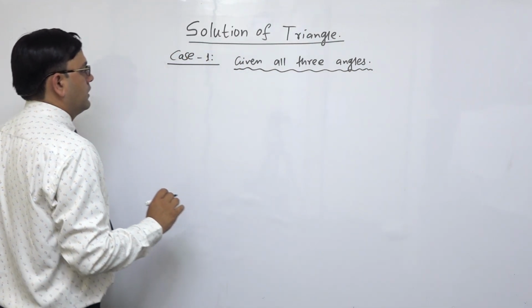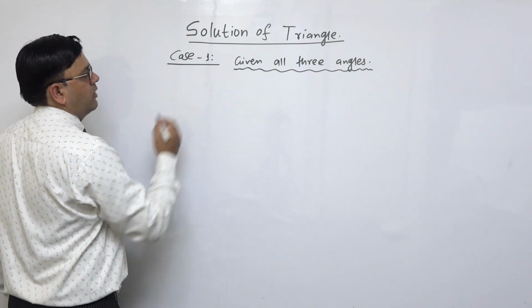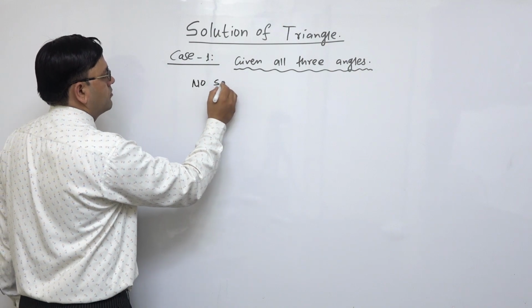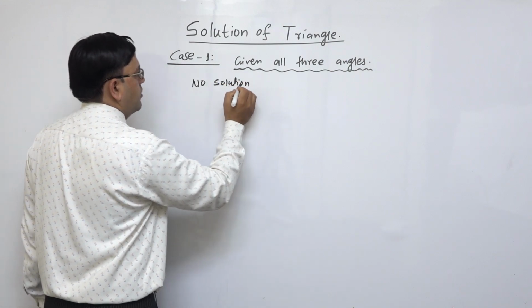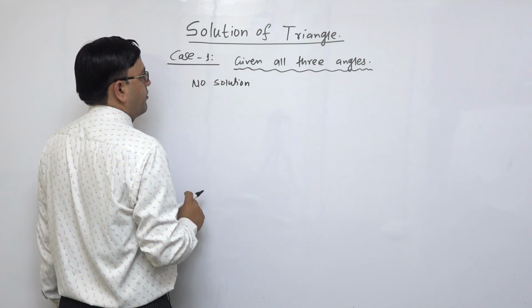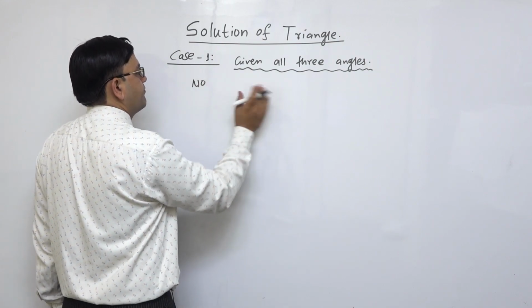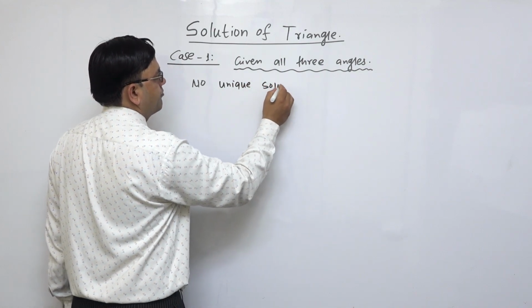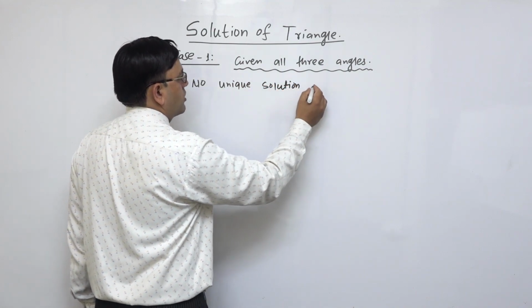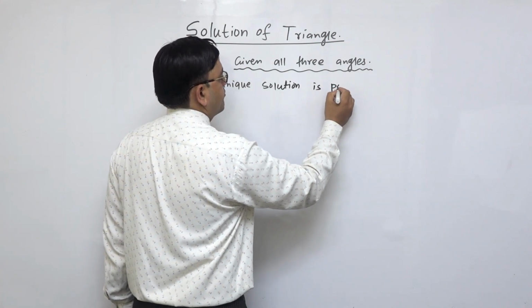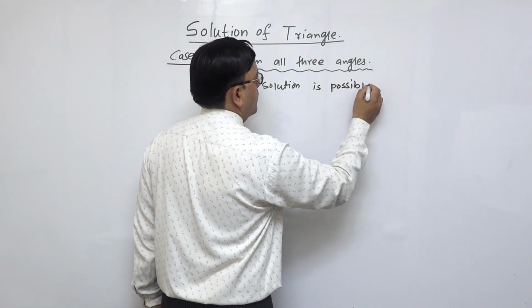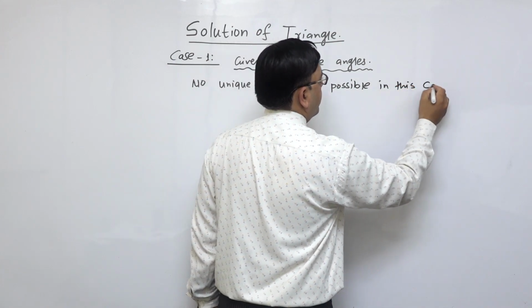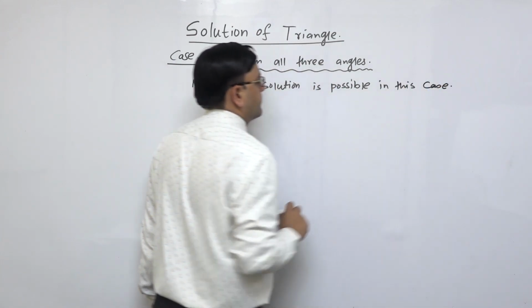Here in this case all 3 angles are given, so we have no solution, or we can write no unique solution is possible in this case.